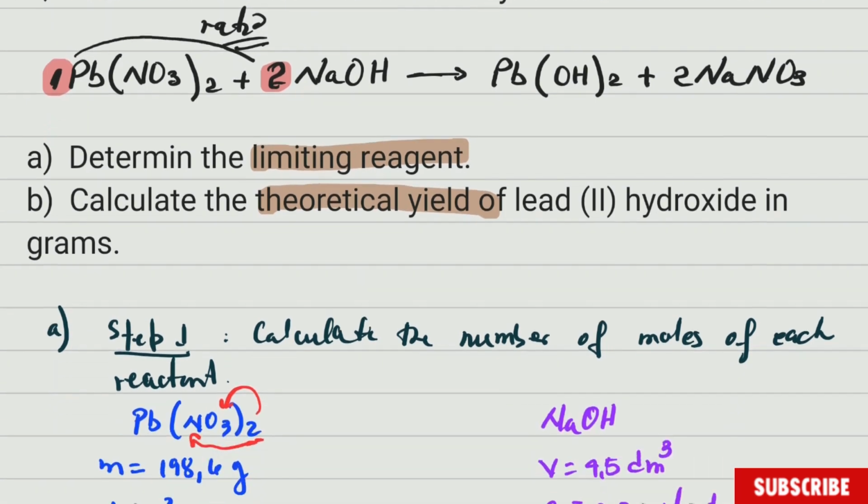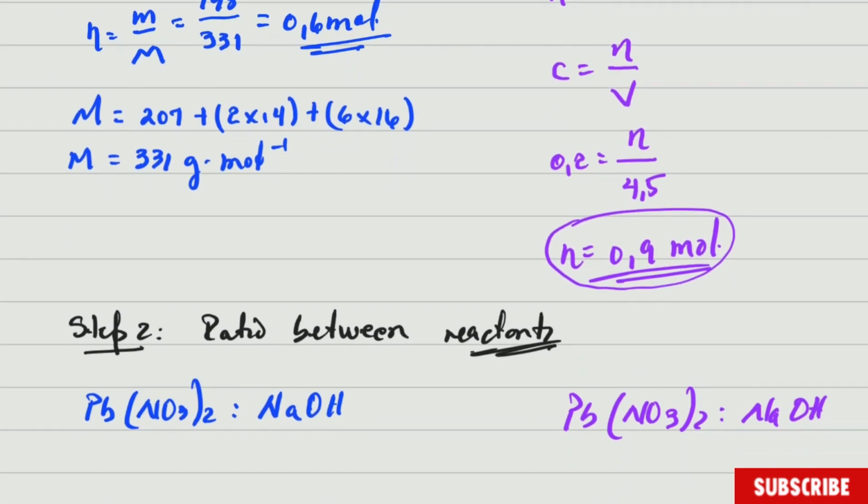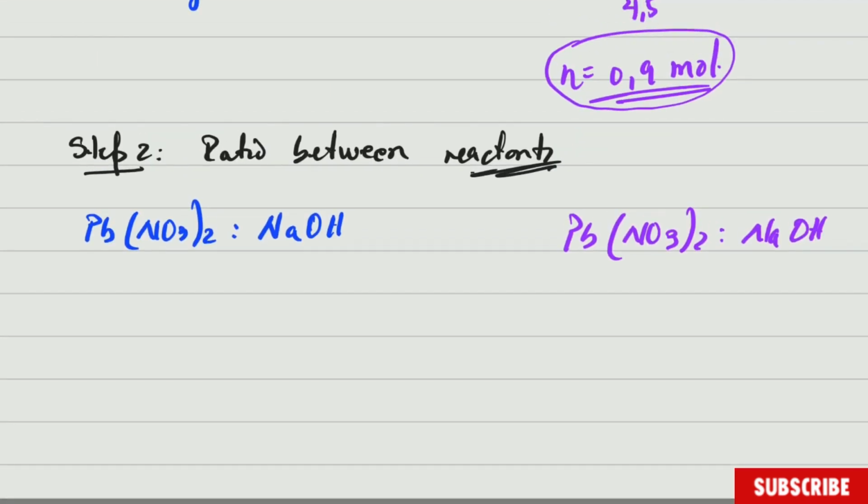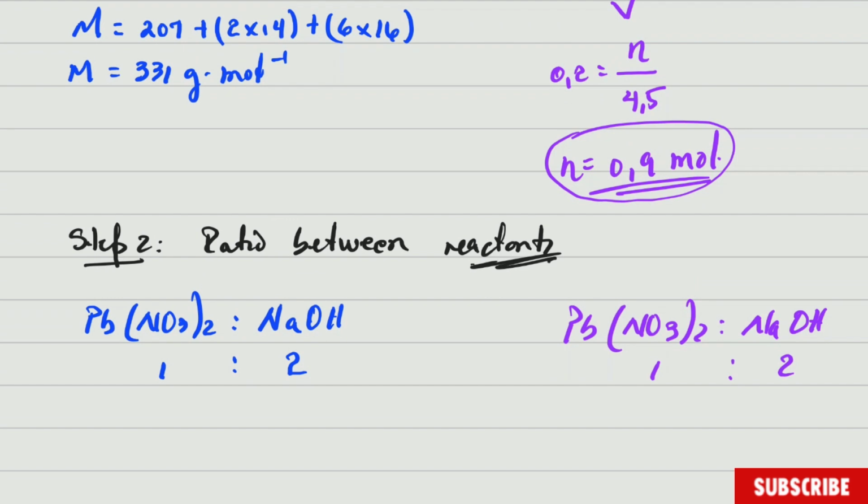Okay, so we go back here and we have 1 is to 2. All I'm going to do is substitute either of the moles, depending on which option you like.